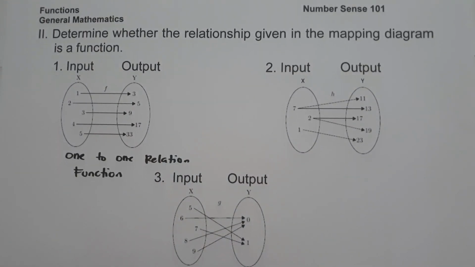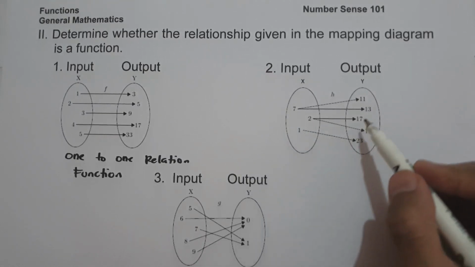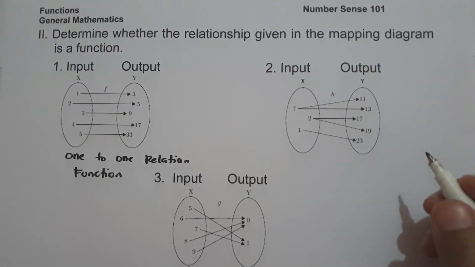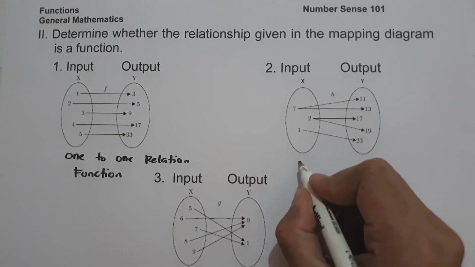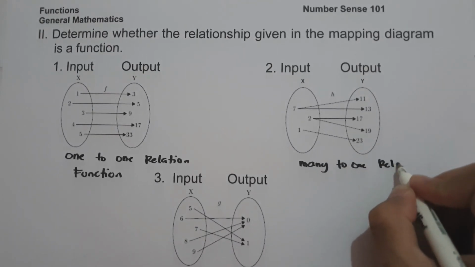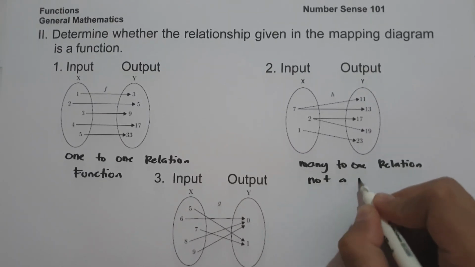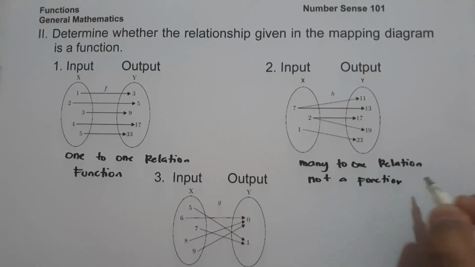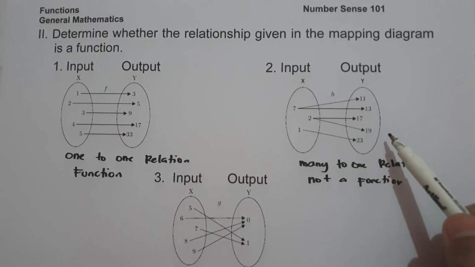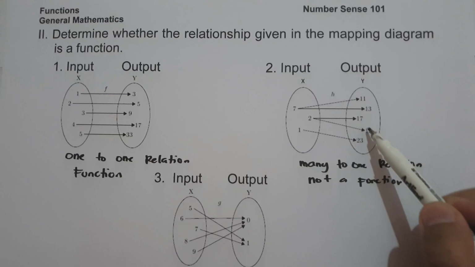On number 2, we have the inputs 7, 2, and 1, and for the outputs, we have 11, 13, 17, 19, and 23. So this kind of relation is a many-to-one relation. And a many-to-one relation is not a function because the input 7 has two outputs, that is 11 and 13, and the input 2 has 17 and 19.